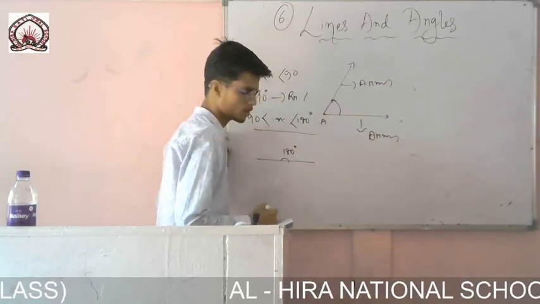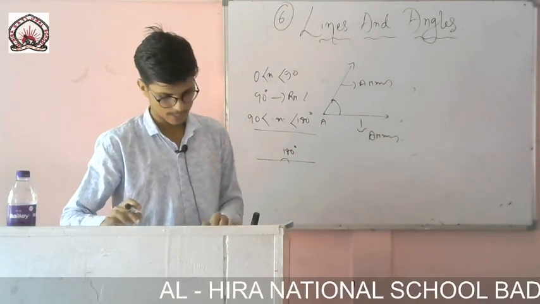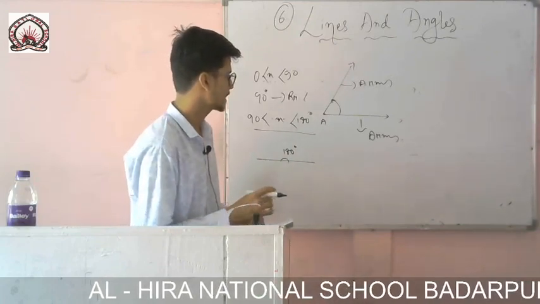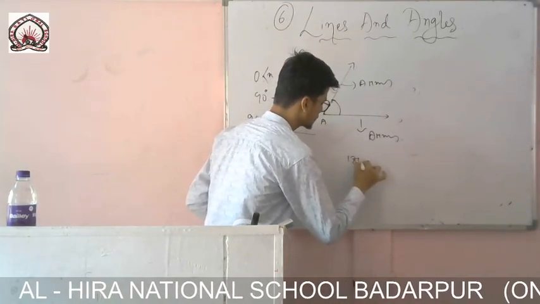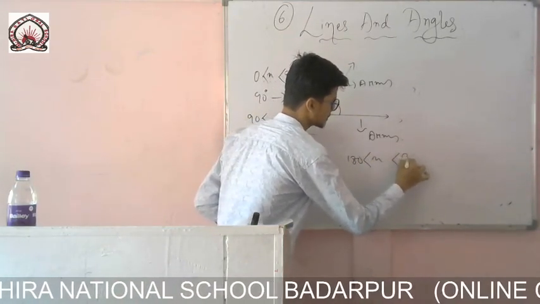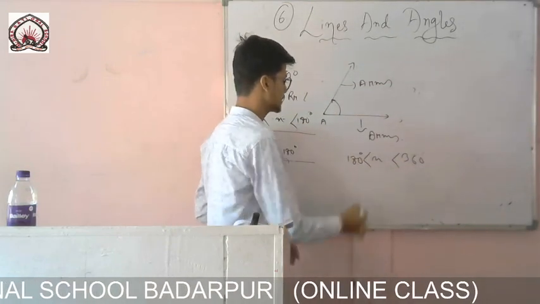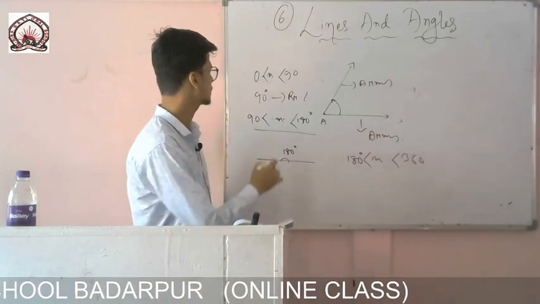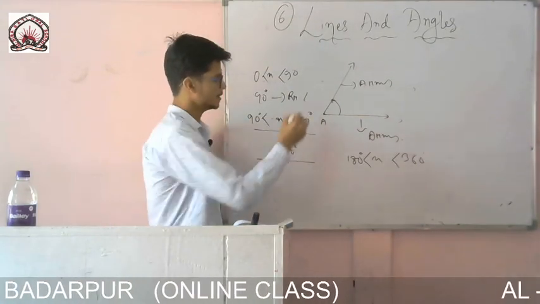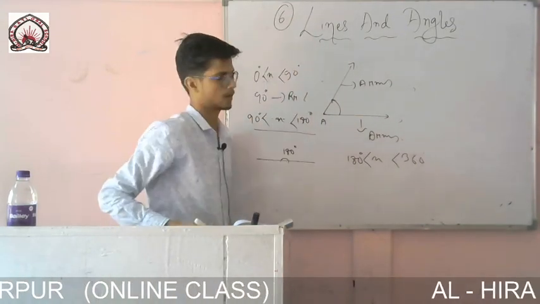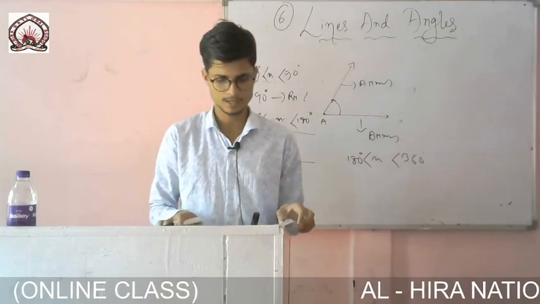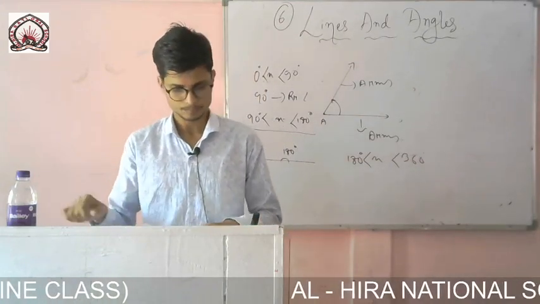Then comes reflex angle. If it is more than 180 but less than 360 degree, then it is a reflex angle. Okay. And if it is 360, then you say it is a complete angle.